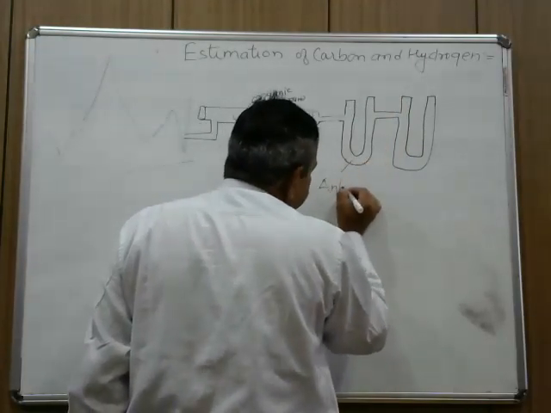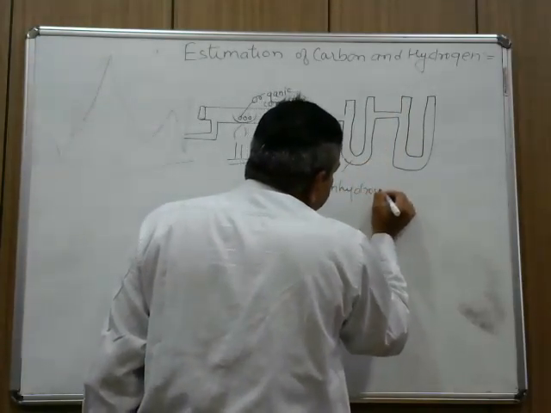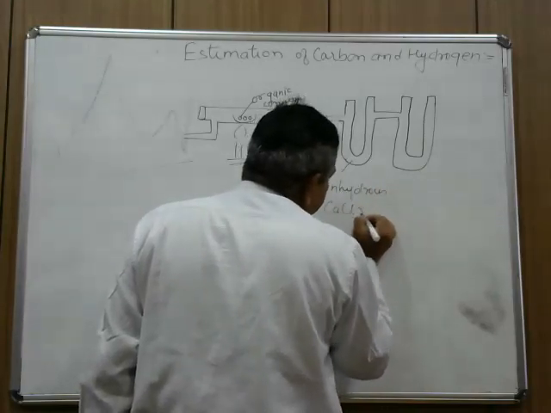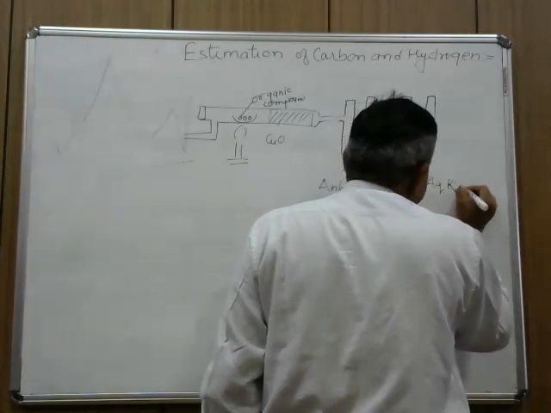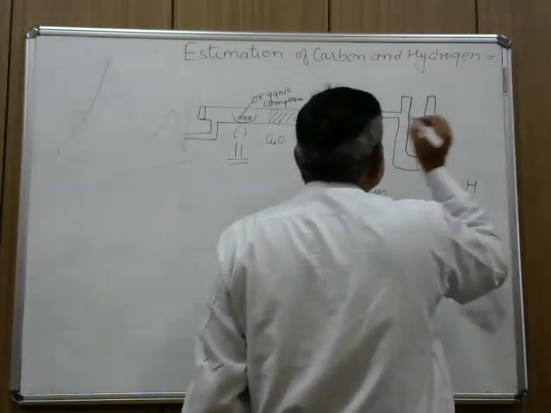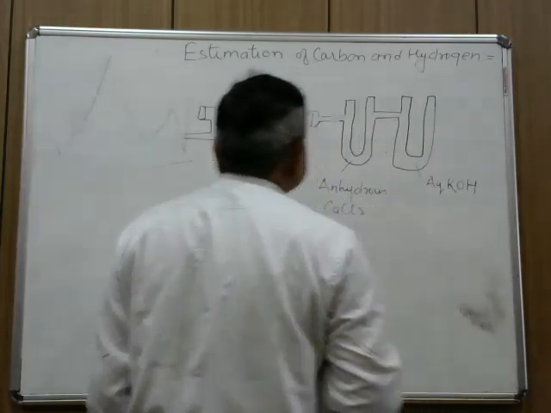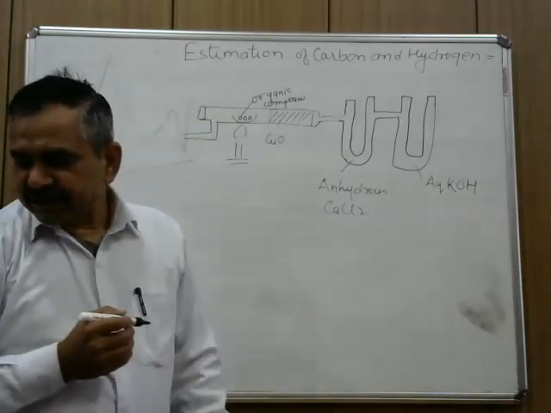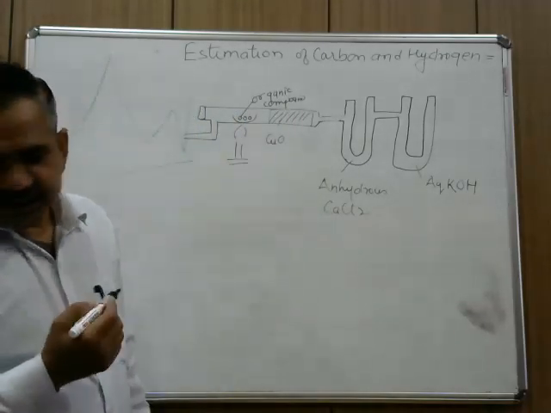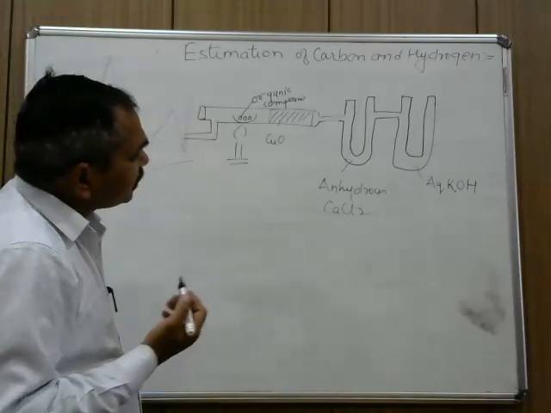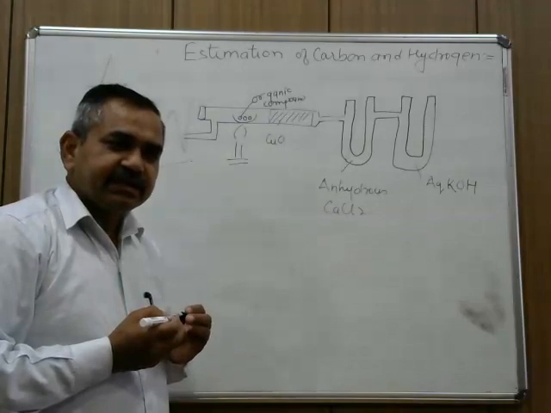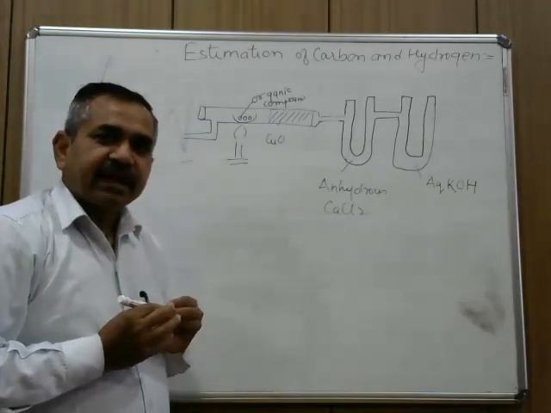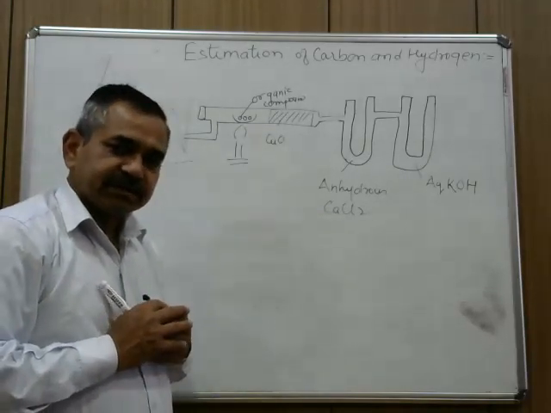One tube has anhydrous CaCl2 and the other tube has aqueous KOH solution. So this is the rough arrangement of the experimentation that is done for the estimation of carbon and hydrogen.